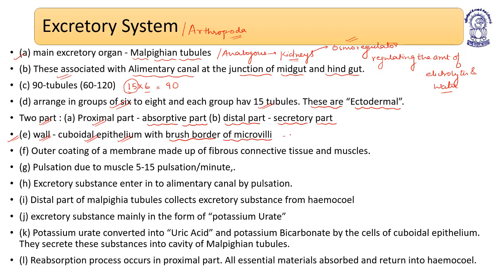The epithelial wall has fine hair-like projections, which increase the surface area for absorption of food and other nutrients.